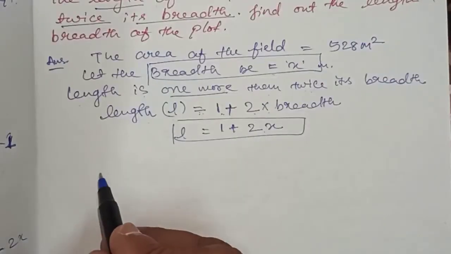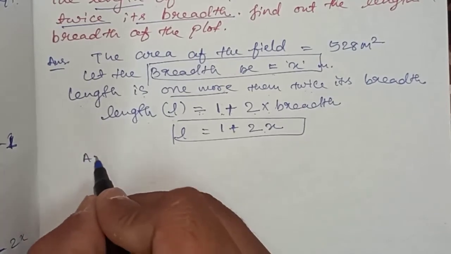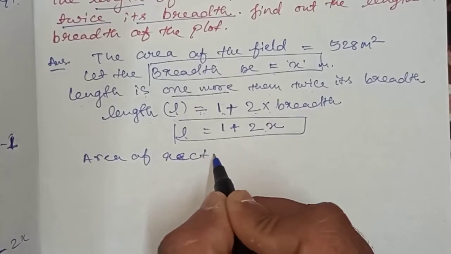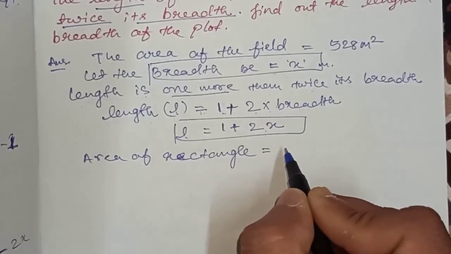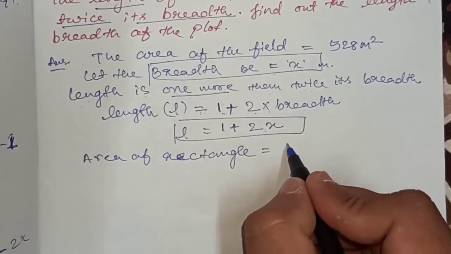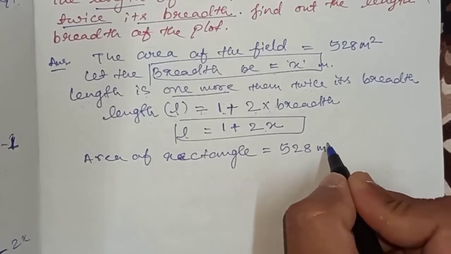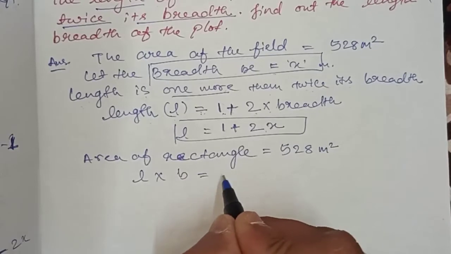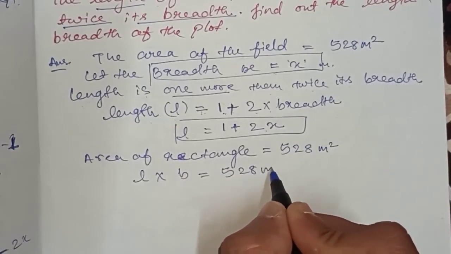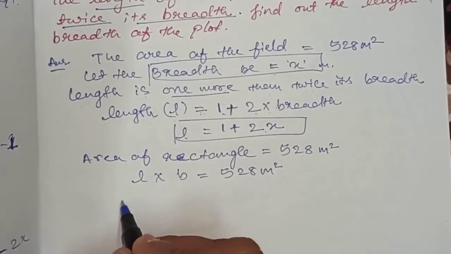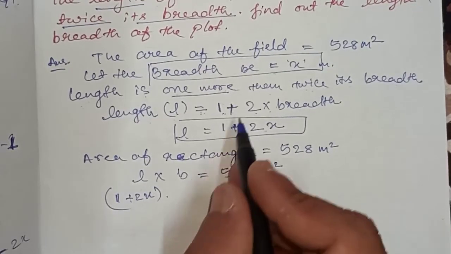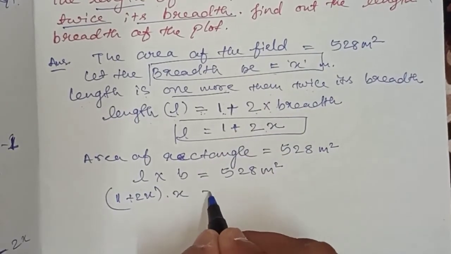Now we will use the area of the rectangle formula. Area of rectangular field it is given 528 meters square. What is the area formula? Area of rectangle is L into B, that is 528 meter square. Length is 1 plus 2x, into breadth, which I have taken x.